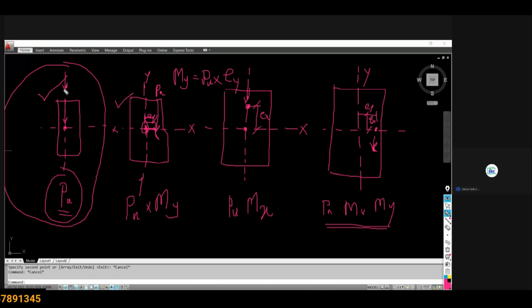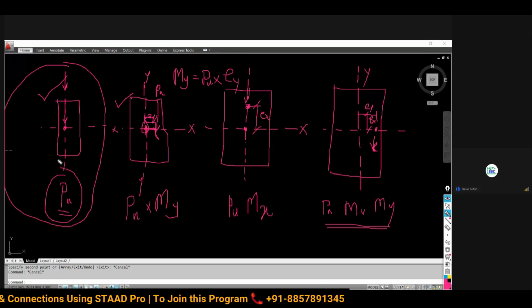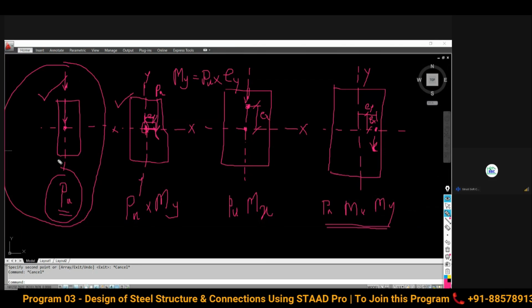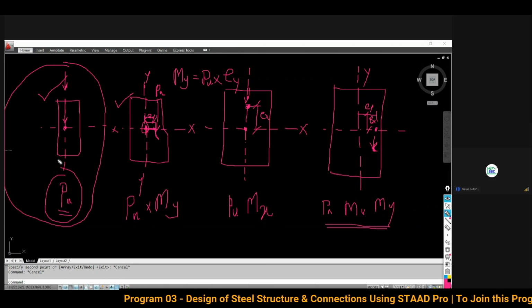Why I am calling it the ideal condition, you will come to know later. It is the ideal condition if your column is subjected to a purely axial load at its center.